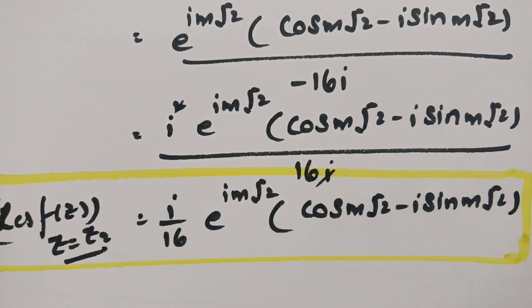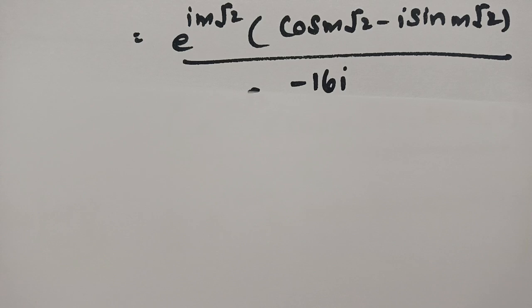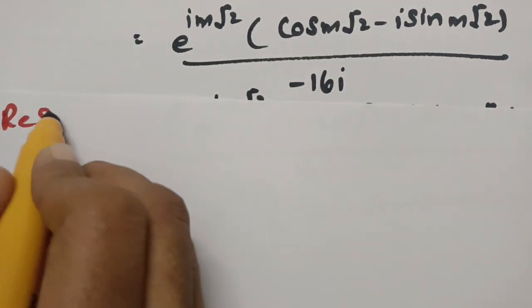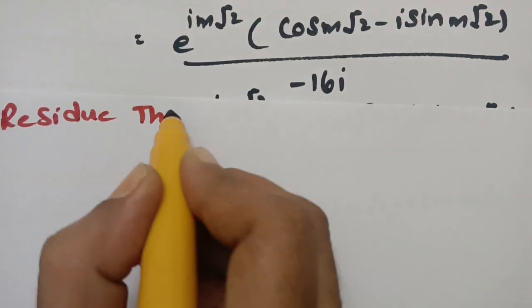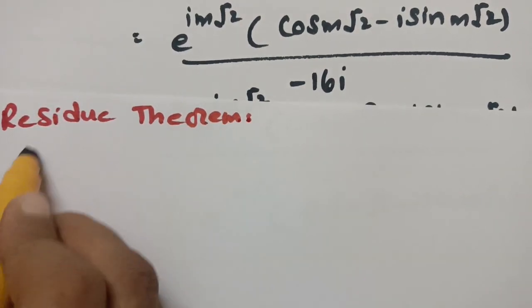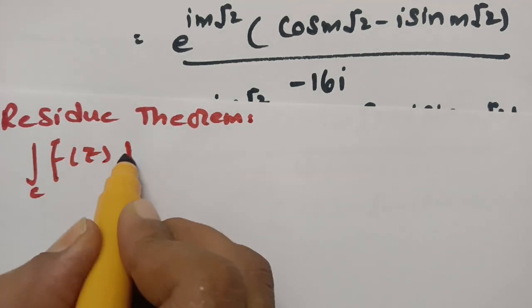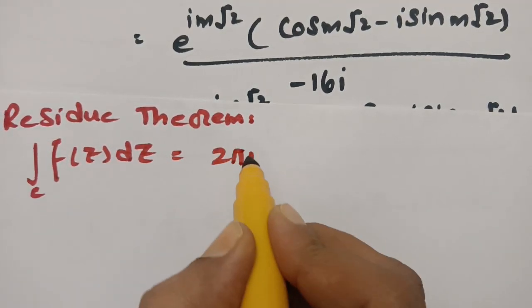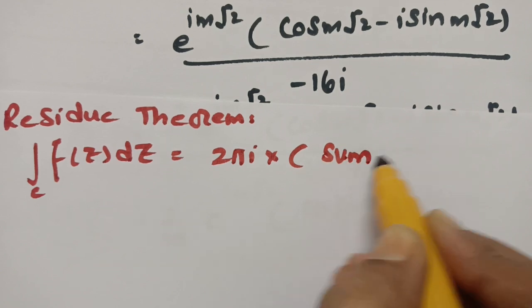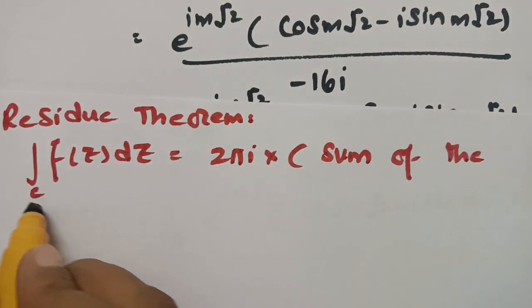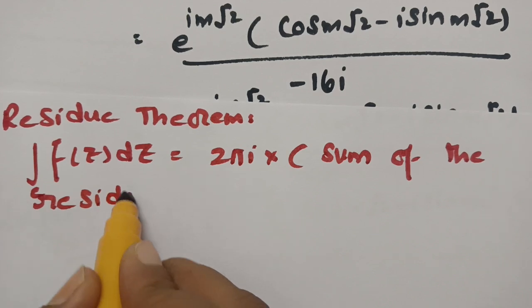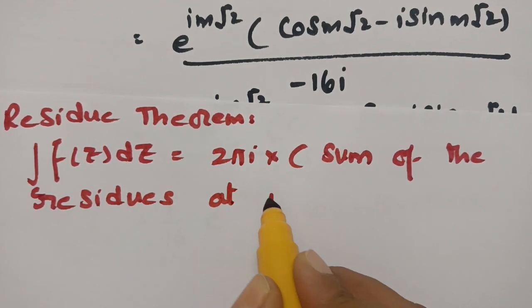So now we have to apply the residue theorem. What does our residue theorem state? According to our residue theorem, the integral over C of f of z dz is nothing but 2 pi I times the sum of the residues at interior poles.